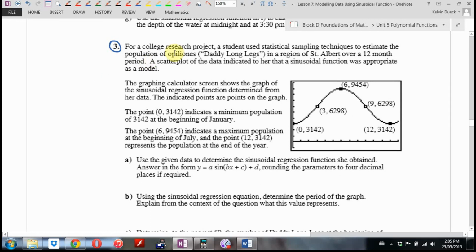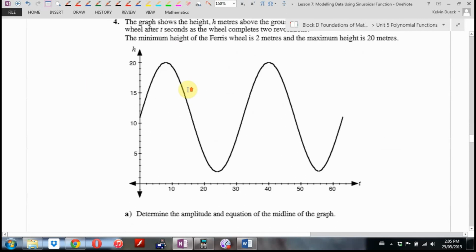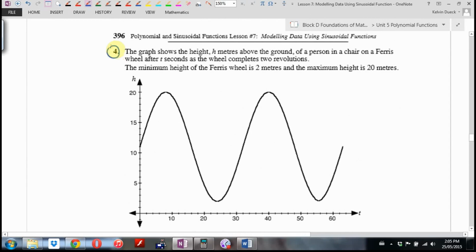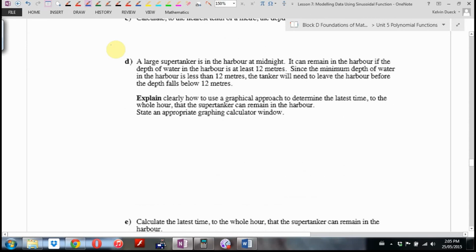They're opiliones, however you pronounce that. 4 is good. Yep.